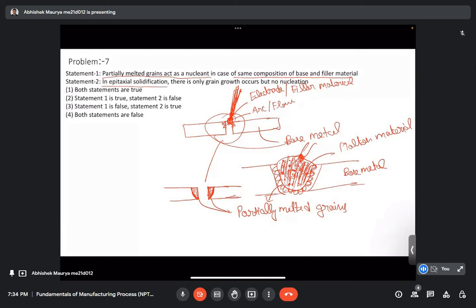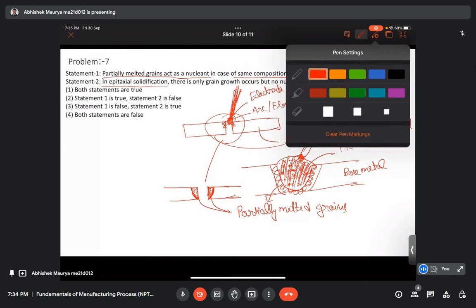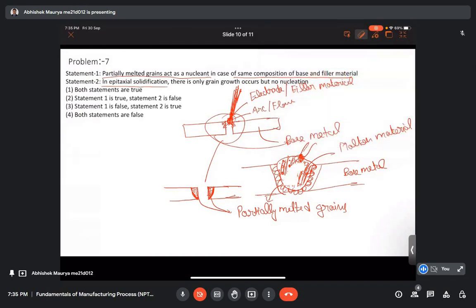But here, since the filler material is the same as the base metal, what will happen? The atoms from the melted material will start getting deposited near the partially melted grains. So they don't need to get nucleated, and the grain growth process will not take place.